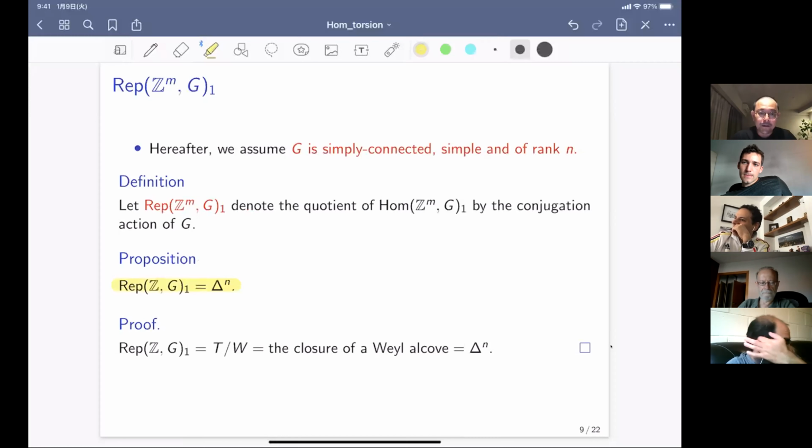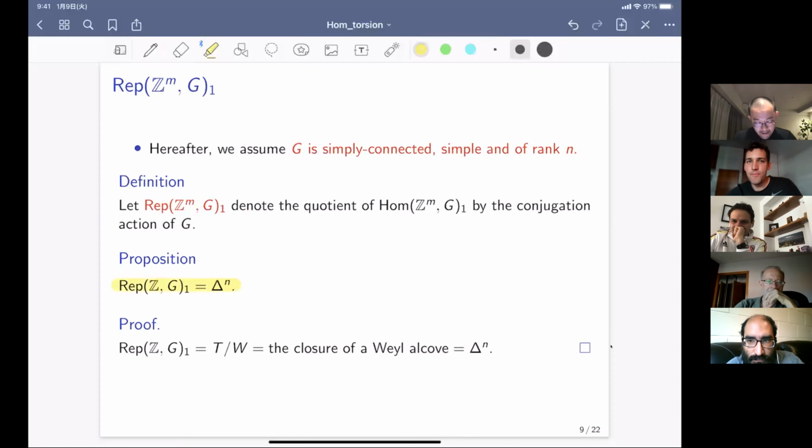So it's isomorphic to the quotient of a maximal torus T by the action of the Weyl group. So it's nothing but the quotient of the Lie algebra of T by the affine Weyl group. And it's nothing but the closure of the Weyl alcove. And now the Weyl alcove is an n-simplex. So Rep(Z, G)_1 is an n-simplex.